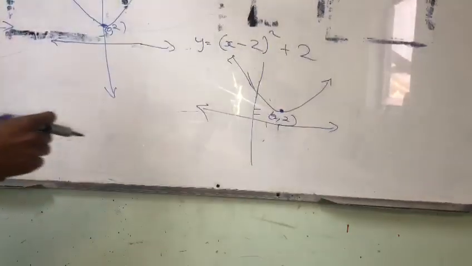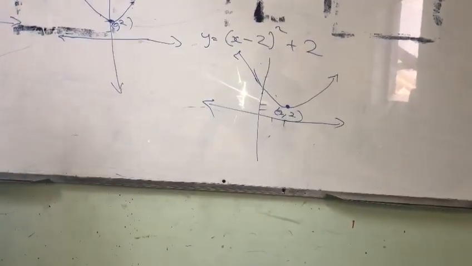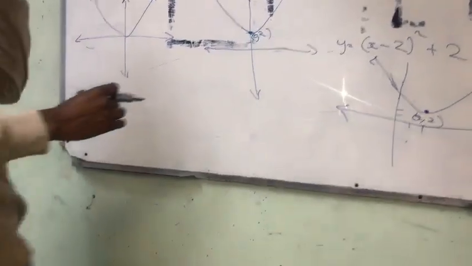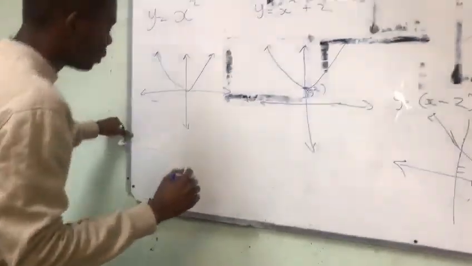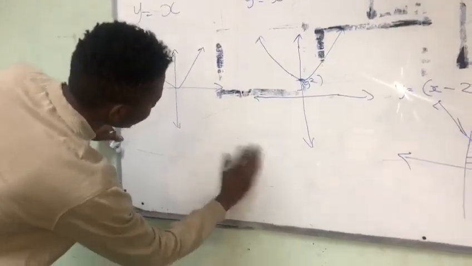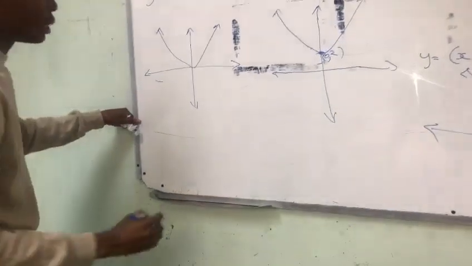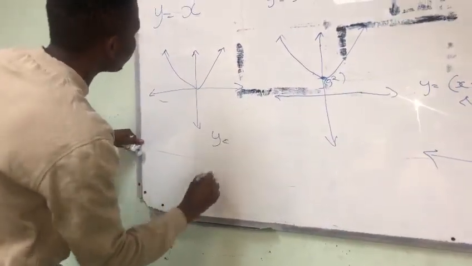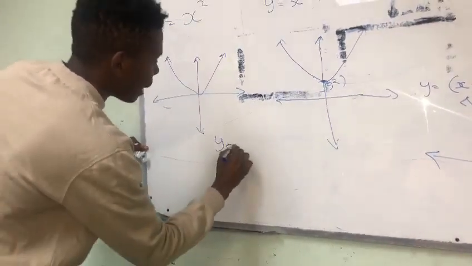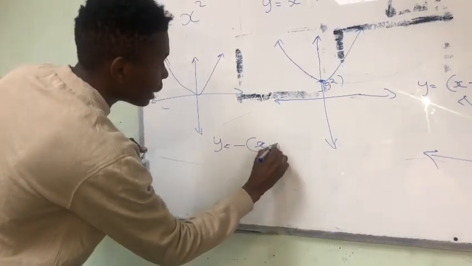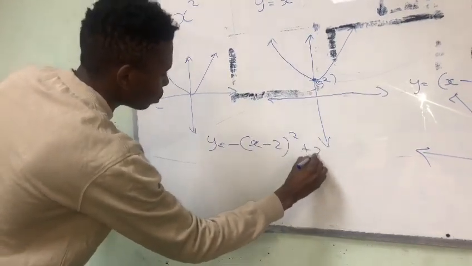Let's see the effects of A in our quadratic equation, in our parabolic equation, right? Let's have maybe an equation: y is equal to minus of x minus 2 squared plus 2.